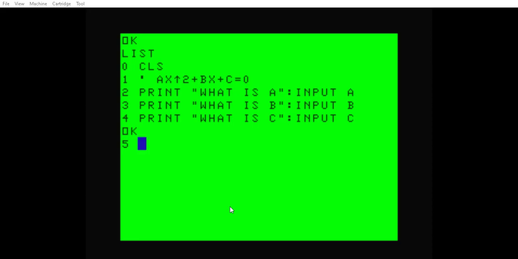So we have to do that separately. So we're going to say z equals b squared minus 4 times A times C. That's how they have it.